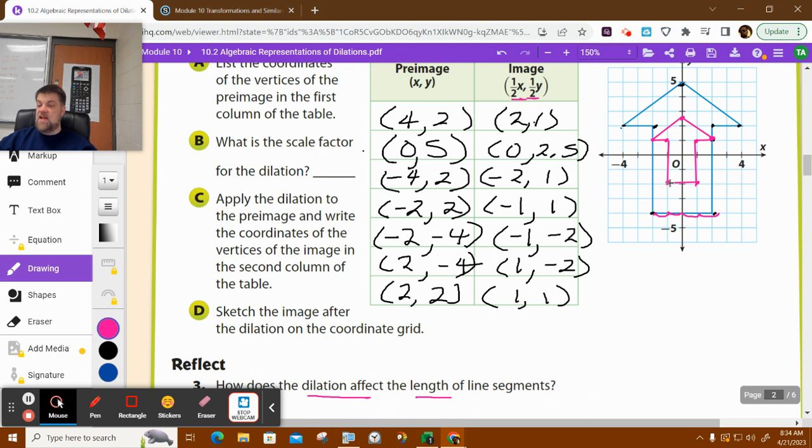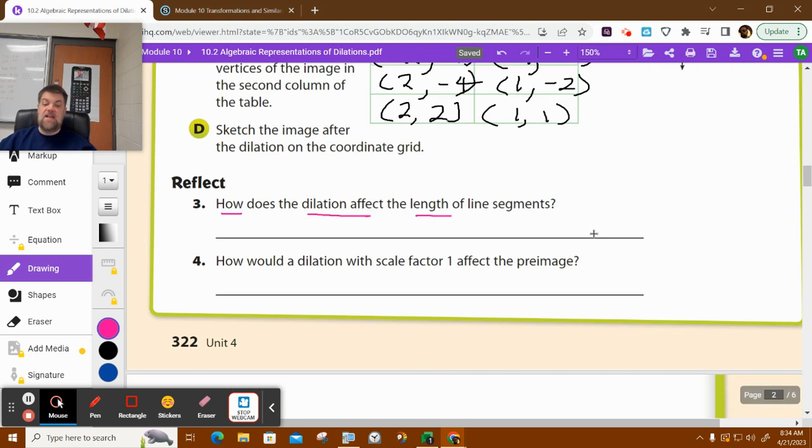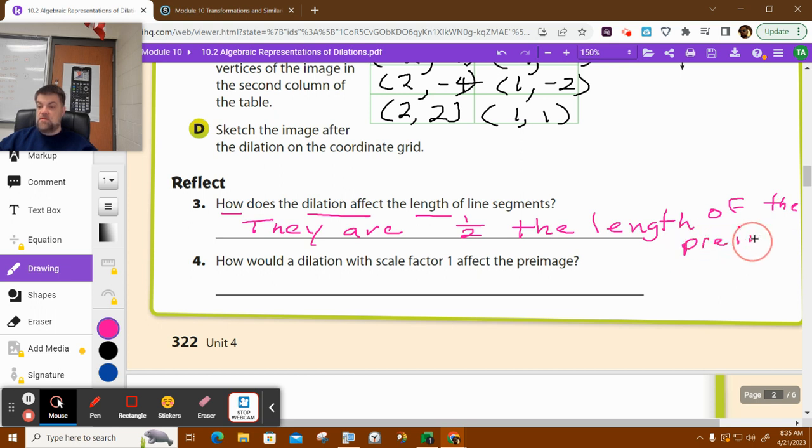The corresponding side length is 1, 2. What is that? It's exactly half. So they are 1 over 2 the length. And if we're going to be kind of fancy, we're going to say the length of what? Of the pre-image. Right, pre-image is what we start with.